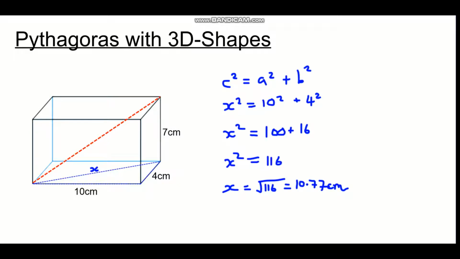Okay, so that's the first part of this problem. We found the distance from the bottom left-hand corner to the back right-hand corner along the base of our 3D object. Now we're going to use that along with the height of the 3D object to find what I'm going to call y, which is our length going from the bottom left-hand corner to the top right-hand corner.